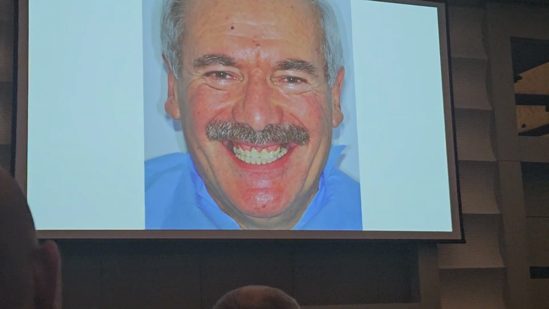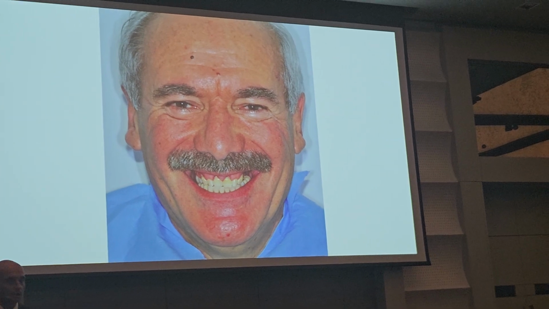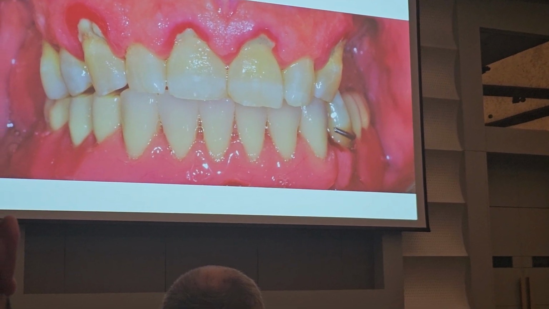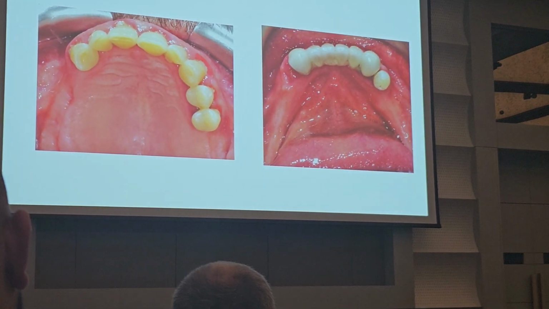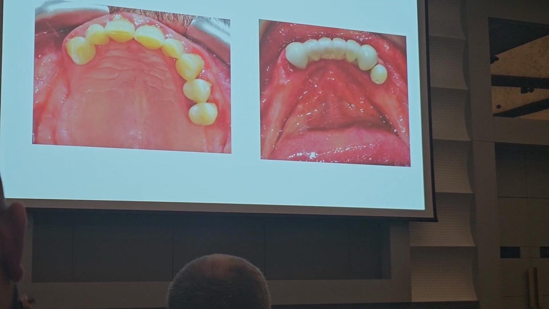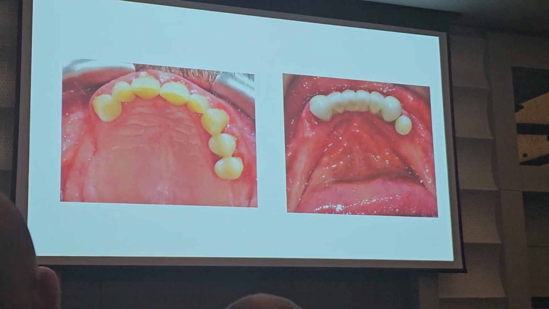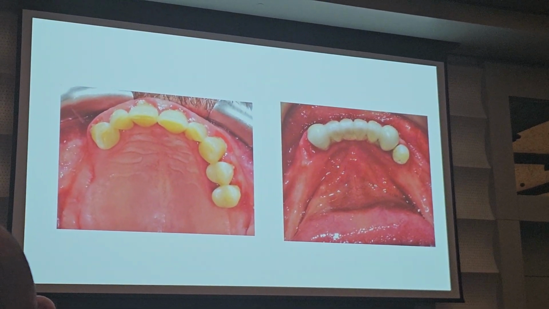So in this case, I am more mature, I work better, I have a better vision, of course, over the years. So I do everything good, honestly. But I decided to do one thing, because in the lower arch I will do an overdenture on implants.